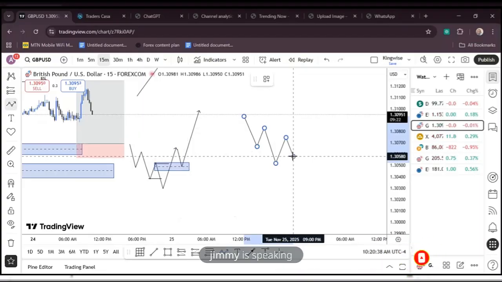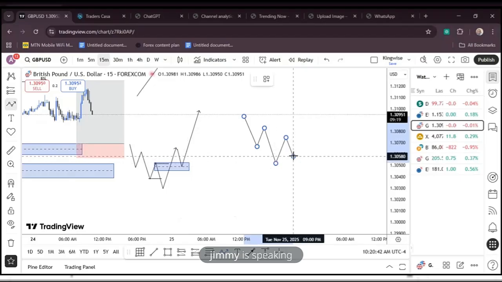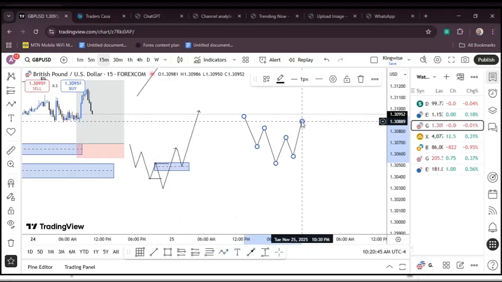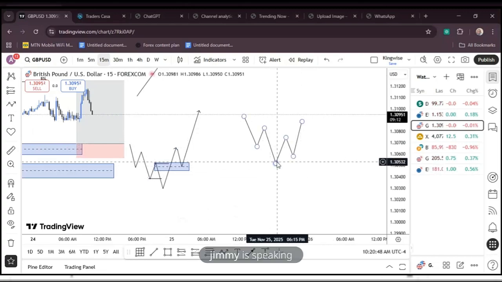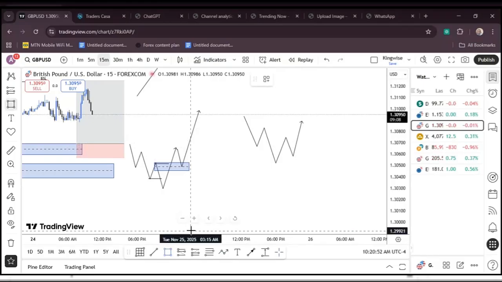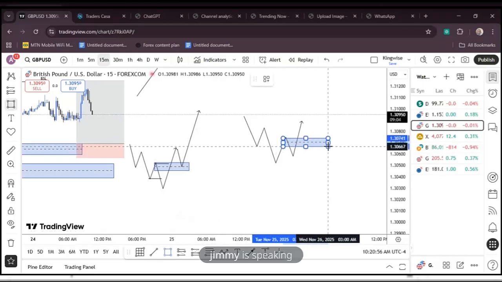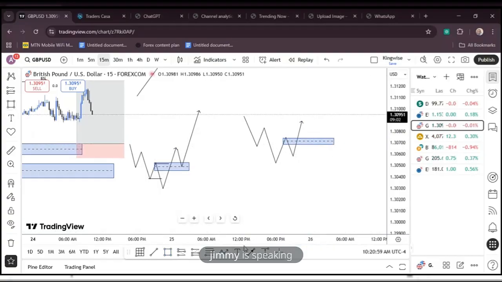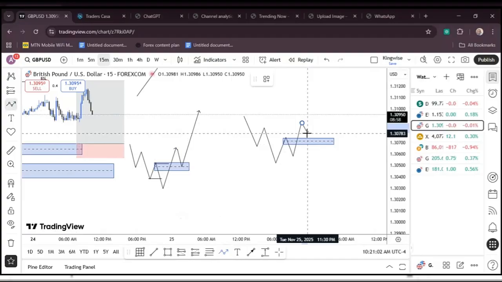It failed to take this low and then came and took this high. Are you getting it? Yes. Now, it did not take this low, but it took this high. This candlestick here is your mitigation block. So price will come back into it, then continue buying to the upside.